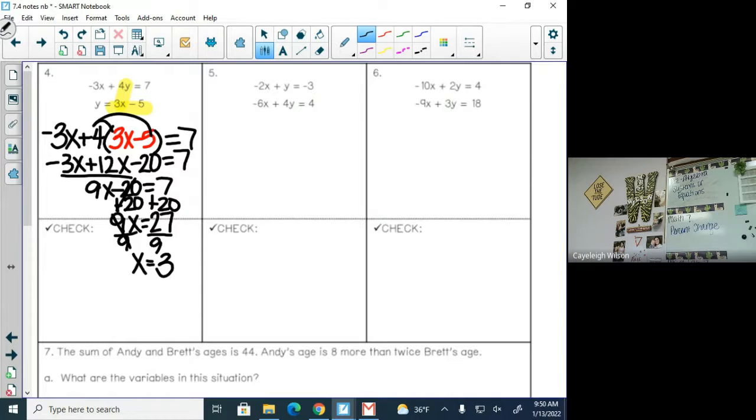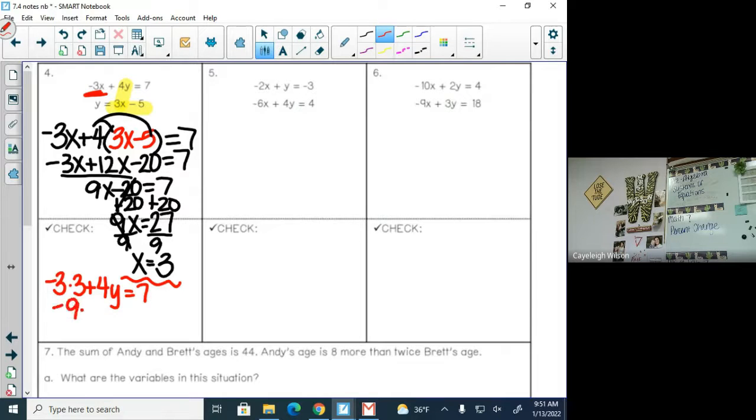All right, then I'm going to take that 3, and I'm going to sub it back in for either one of these. I said that I'm a creature of habit, so you'll see me typically pick the first one. So this is x equals 3, so I'm going to put it in for x. Now, if you chose another one, you're still going to get the same answer. So I'm doing negative 3 times 3 plus 4y equals 7.